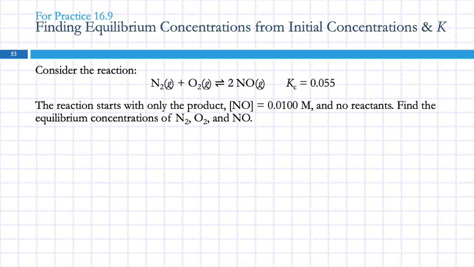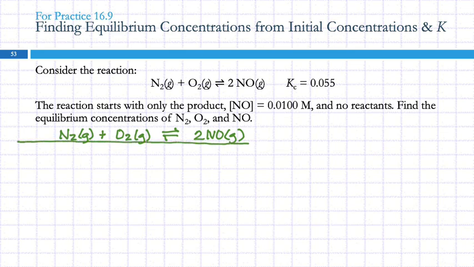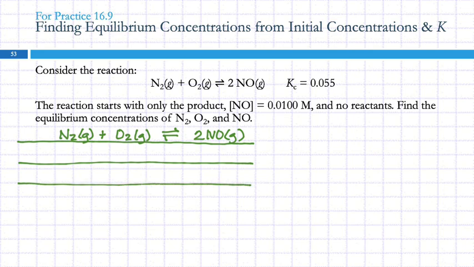We're going to use the chemical equation as the header row. So I'll copy that down here. So that's my top row. I'm going to have a row for I, a row for C, and a row for E. And then I've got columns.